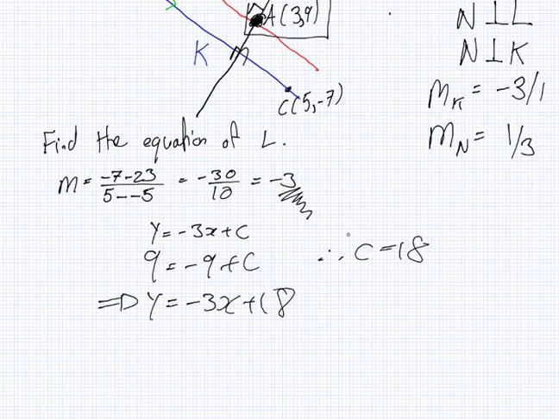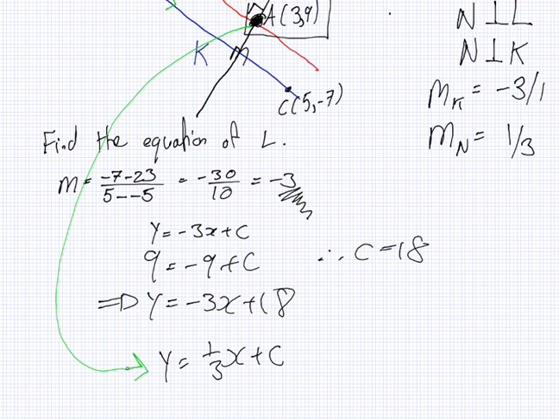So now we have y equals 1 over 3 x plus c. And again, we can only use this point, because this is the only point on N. So that goes in. So I get 9 equals 1 plus c, because x is 3, so that would be 1. So then c equals 8. So my answer is y equals 1 over 3 x plus 8. Did you get that?